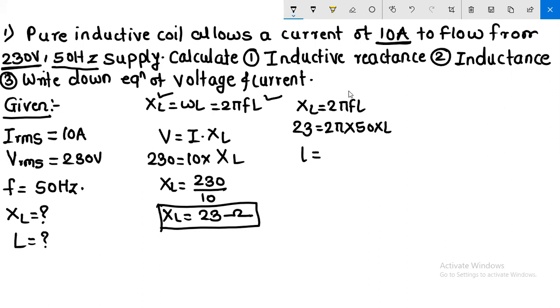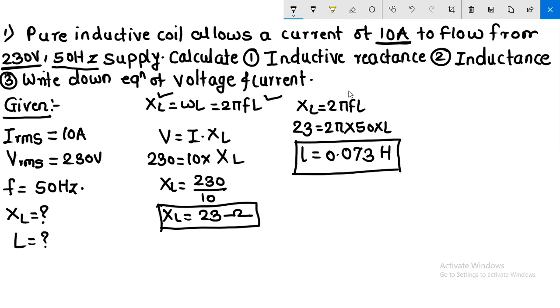Everyone has a calculator, so find the value of inductance. 0.07, and one more digit, 3. And what is its unit? It is Henry. Got it, everyone?